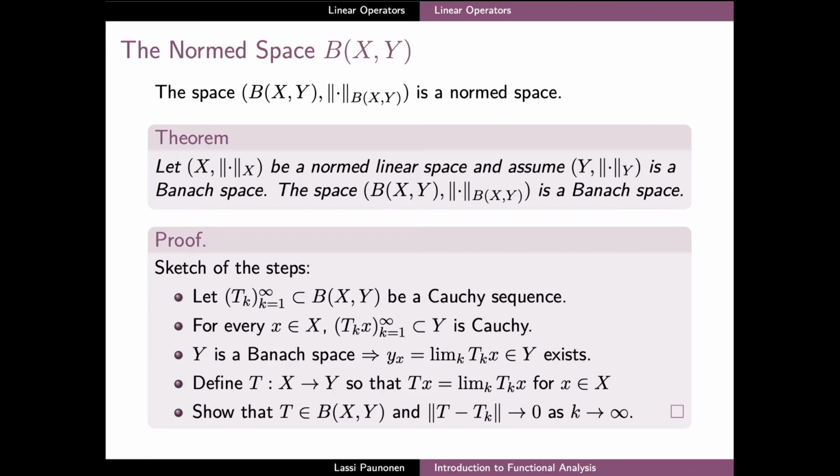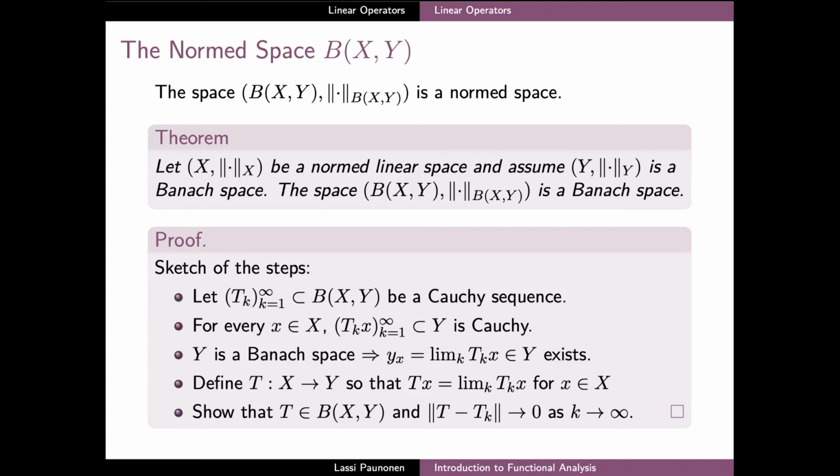The operator norm is defined for all elements of the space B(X,Y), and in fact this vector space becomes a normed vector space together with the operator norm. And when talking about normed spaces, one of the first questions, as we recall, is whether or not the space is complete.